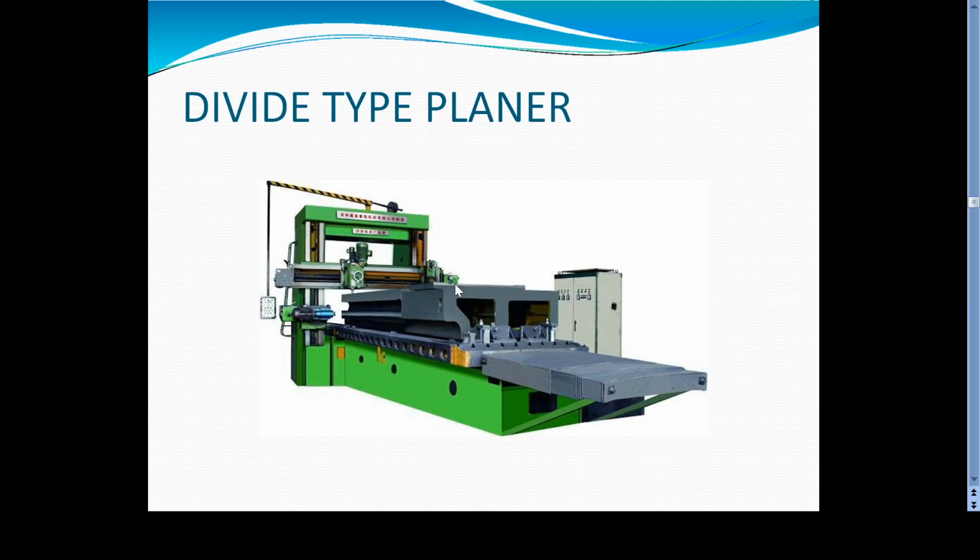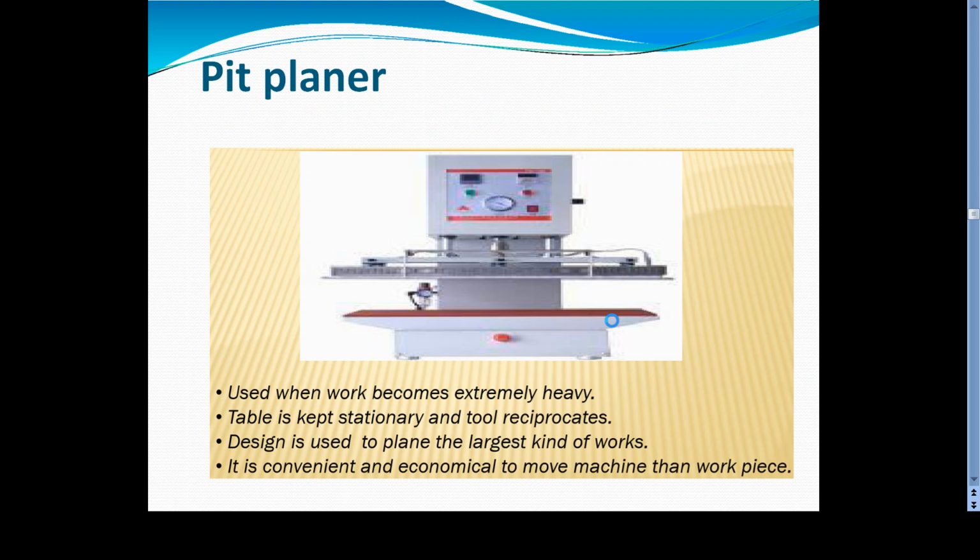That means you can save time: while the machining operation is going on one table, you can do something else. You can set the machine, or you can set the arrangements. You can do the loading of the workpiece on the other table without disturbing this machining operation.